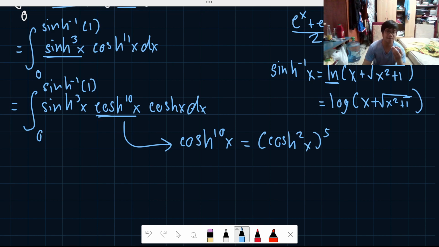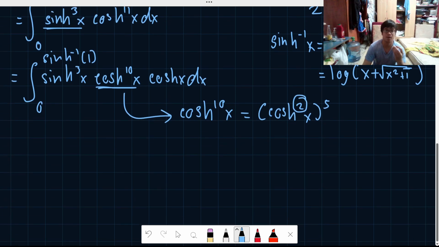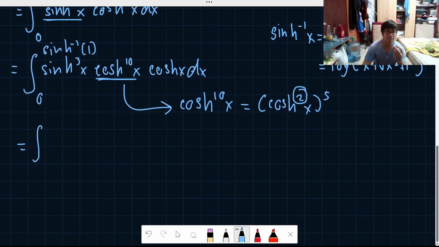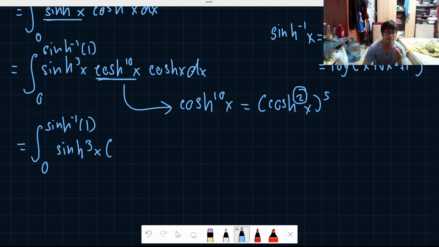Basically, we will get a factor of 2 in the exponent. All right? If you're asking me why, I'll explain later. But that's the next step if you pick the second choice. Okay, so we have this now. Let me just copy the other terms here. So yes, we have the square of hyperbolic cosine of x raised to 5. Then we have hyperbolic cosine x.